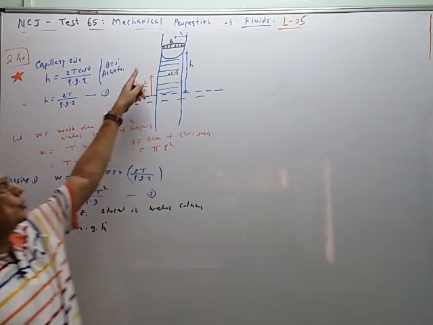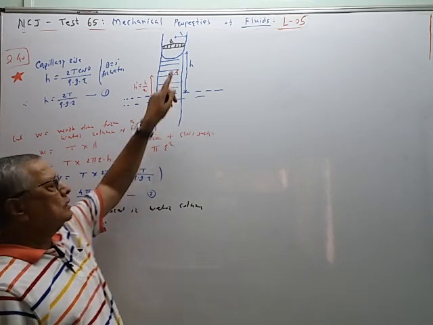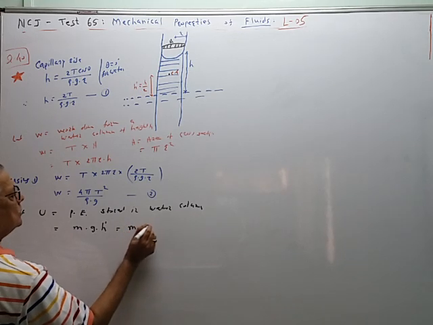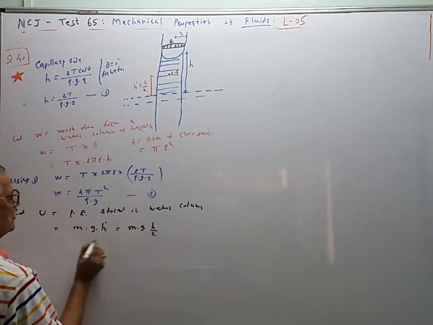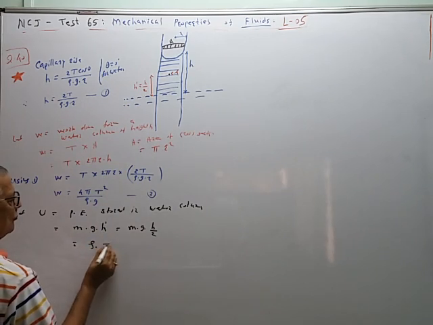The total mass of the water column is concentrated here, see the center of gravity. So this is equal to M into G into H by 2. H dash is equal to H by 2, and M is equal to rho density multiplied by volume.